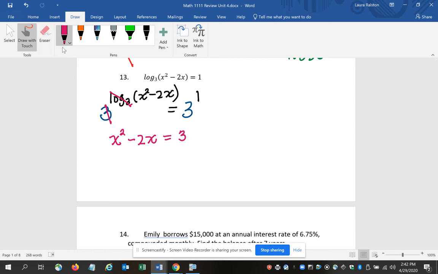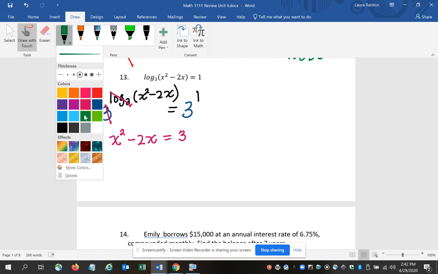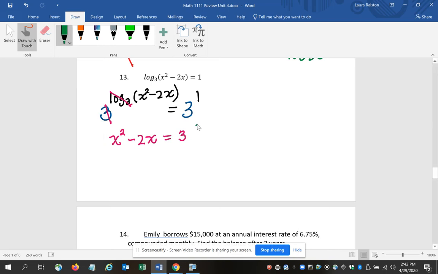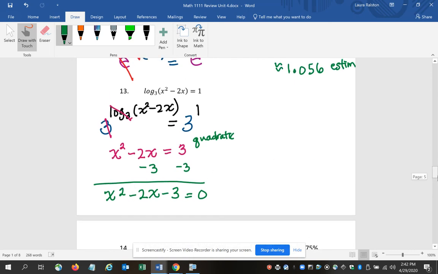And you have to recognize that that particular equation is a quadratic. And we solve a quadratic either by factoring or using the quadratic formula, but the equation has to be set equal to 0. Whether you're going to factor or use the quadratic formula, you have to have the equation set equal to 0. So I end up with x squared minus 2x minus 3.